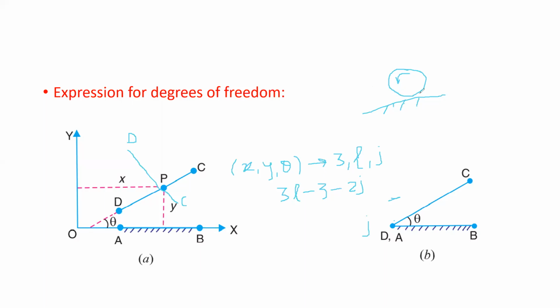But what if the friction between the coin and the surface is very less? So what will happen when it rolls? There are chances that this coin also slides on the surface.